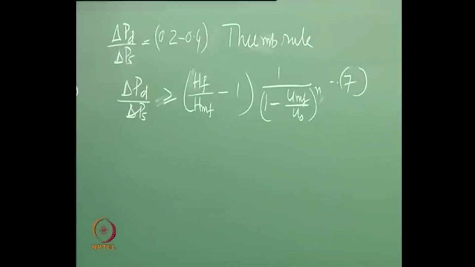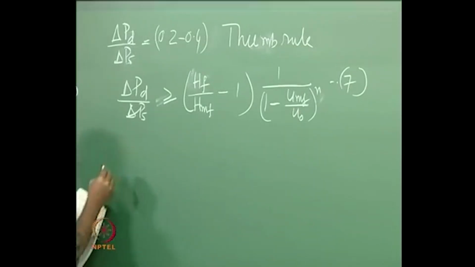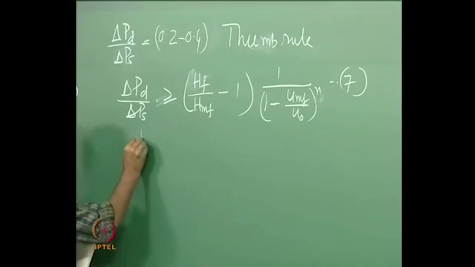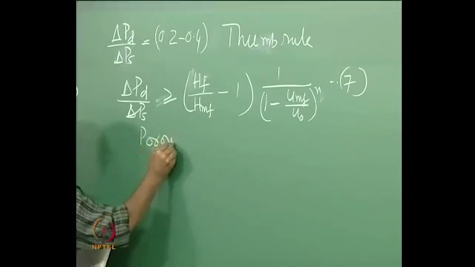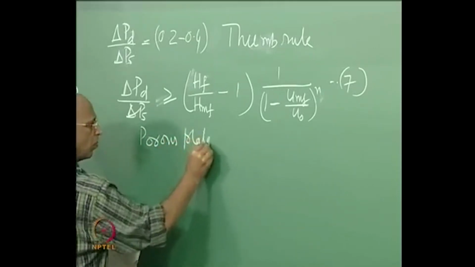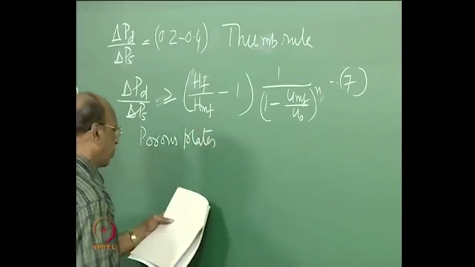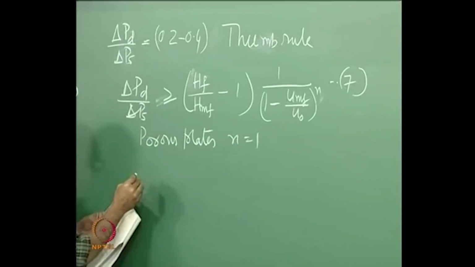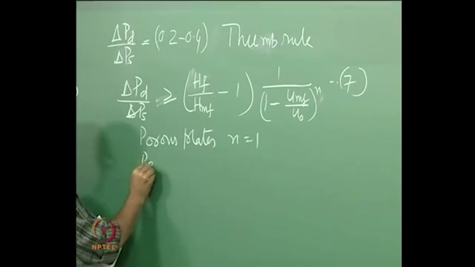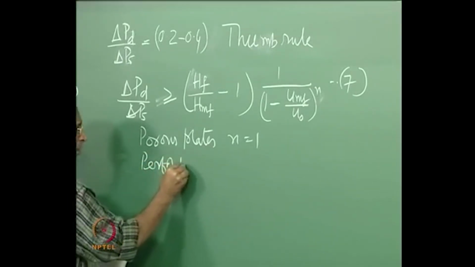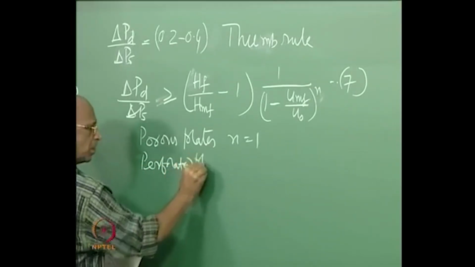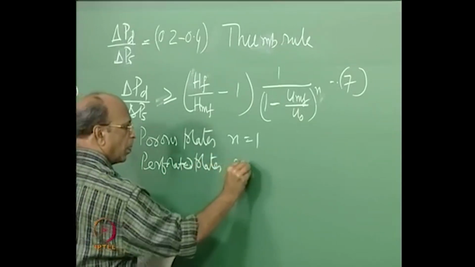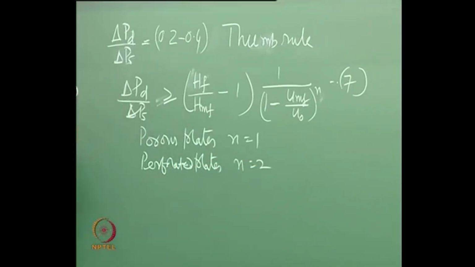So, this is the equation they try to use, and then for porous plates, n equal to 1, and for perforated plates n equal to 2.